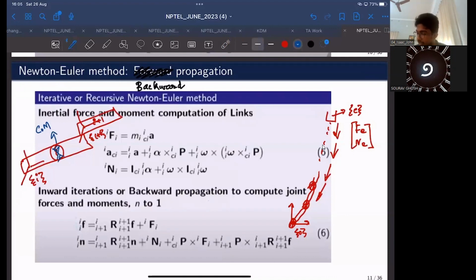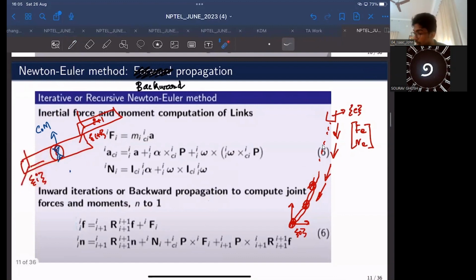Right? And it says the inertial force that is acting on the center of mass is expressed with respect to the ith frame. So this is the ith link, and the frame that is attached to the ith link is the ith frame.